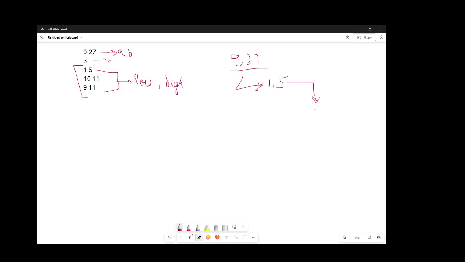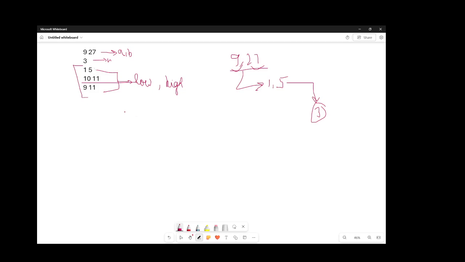Definitely 3. Why? Because 5 doesn't divide these two, 4 doesn't divide these two. And if we check for 3, yes, 3 divides 9 and 3 divides 27 as well. So 3 is the answer for this case.